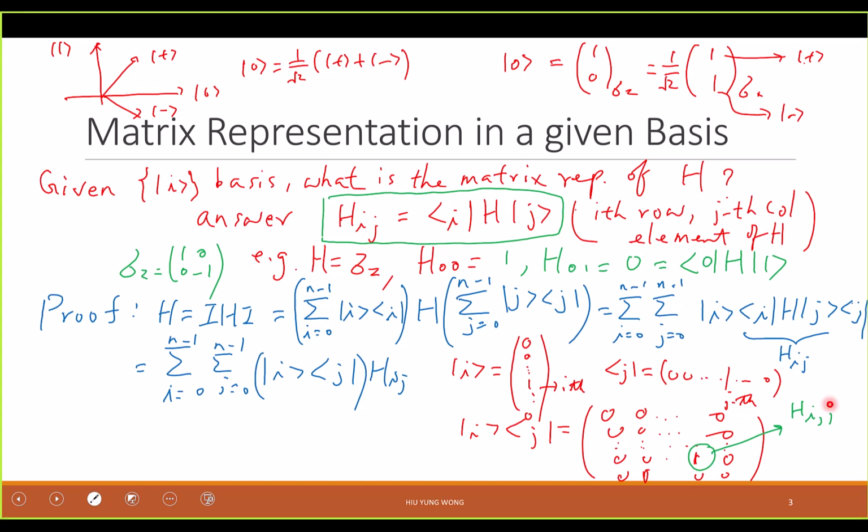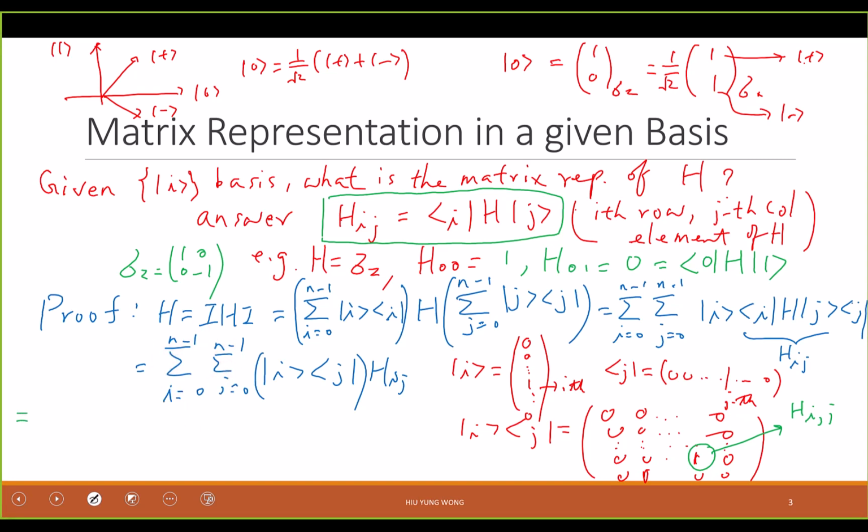So basically here what it is saying is that you multiply this outer product, you put the Hij into here. So you are adding the matrices together. Each matrix only has one non-zero element, and that non-zero element is in the ith row and jth column. That is the meaning of adding them together, right?